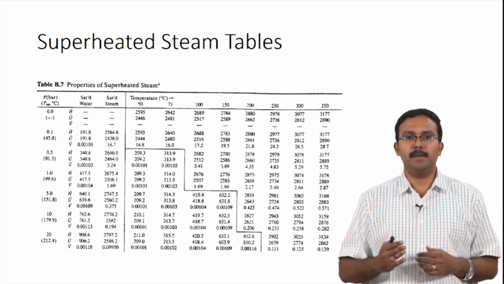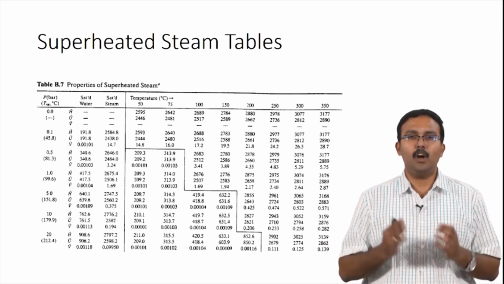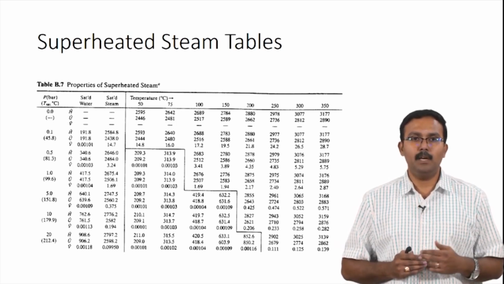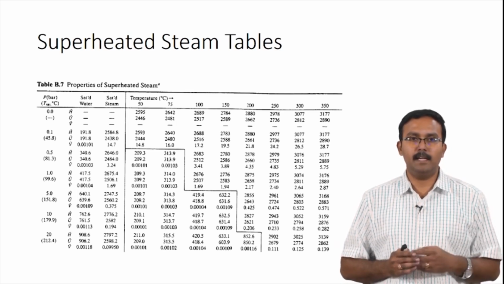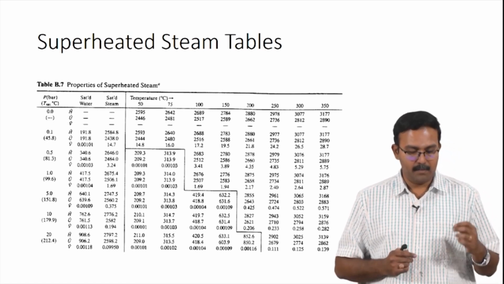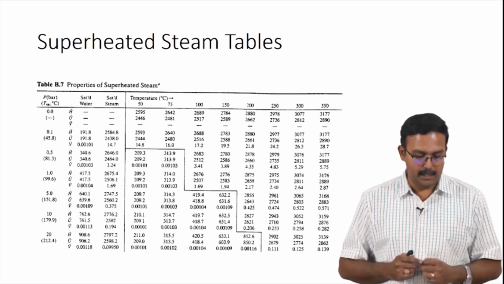After that, the temperatures given are all different from the saturation temperature. For example, if you take the third data point for pressure, which is 0.5 bar, you have a saturation temperature or boiling point given as 81.3 degrees Celsius.